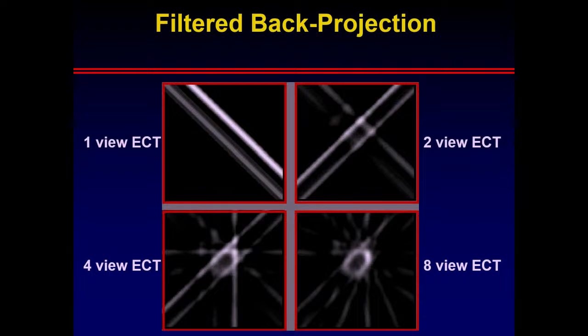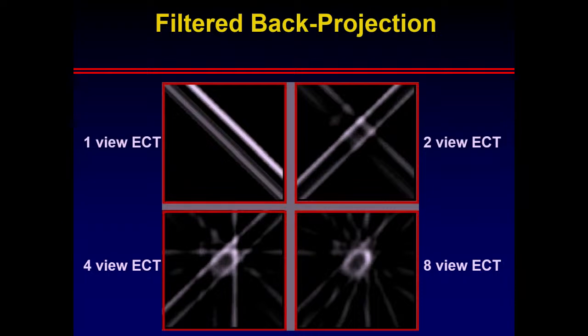If you take 2 views, it gets a little bit better. You take 4 views, you're starting to see something. 8 views, now you're starting to see where those photons are accumulating in one particular area. And so it's through filtered back projection that we're able to create a three-dimensional image.